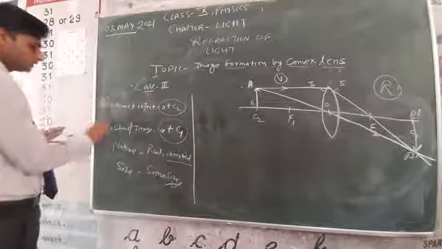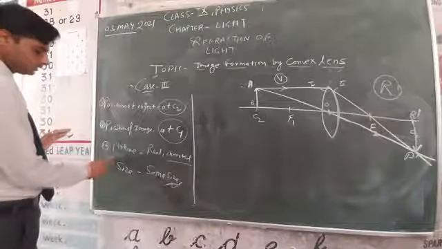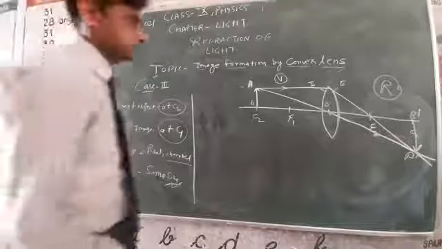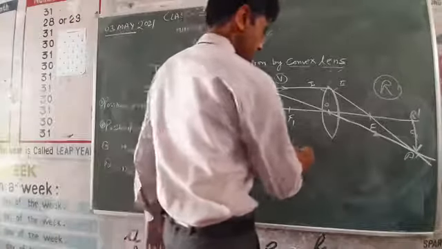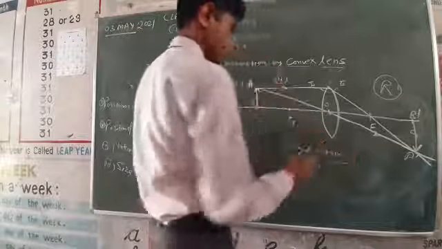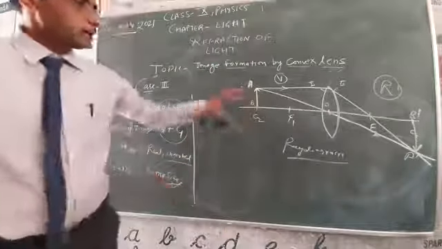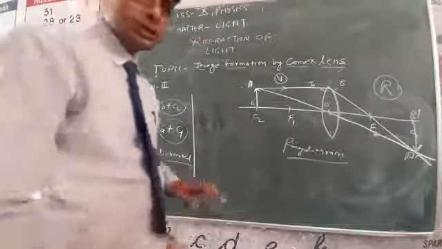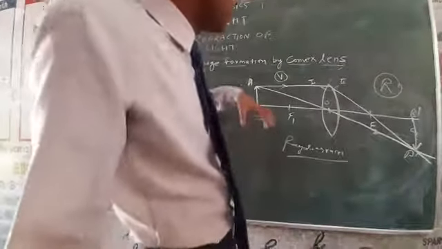First point, second point, third point, and this is the fourth point. And this is the ray diagram. Both are important. A question will come like this.